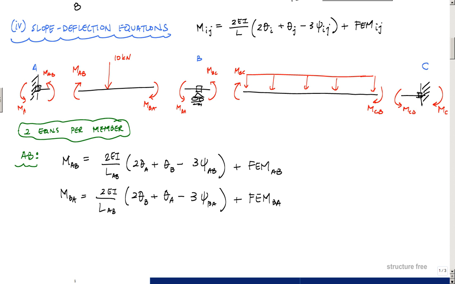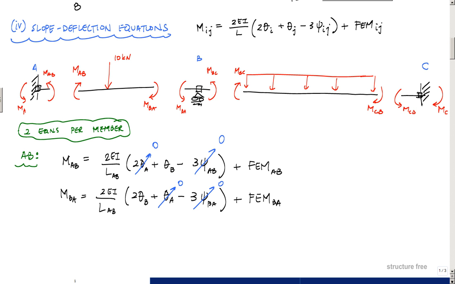The other thing to note is that point A is fixed, and therefore the rotation is 0. That's nice. And there is no support settlement of any kind, so there's no rigid body rotation. So psi AB and psi BA are also 0. What it leaves me with is a pretty simple equation.